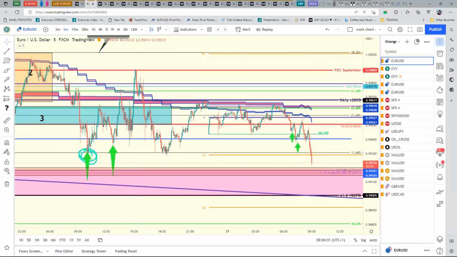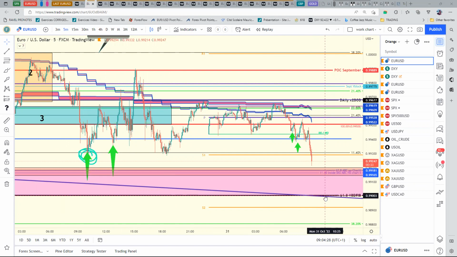We have the same area, and I am taking longs now right here because we can see a move from there any time from now. It can go really fast from here. Either we just touch and bounce from here, or we go up to there in the day.